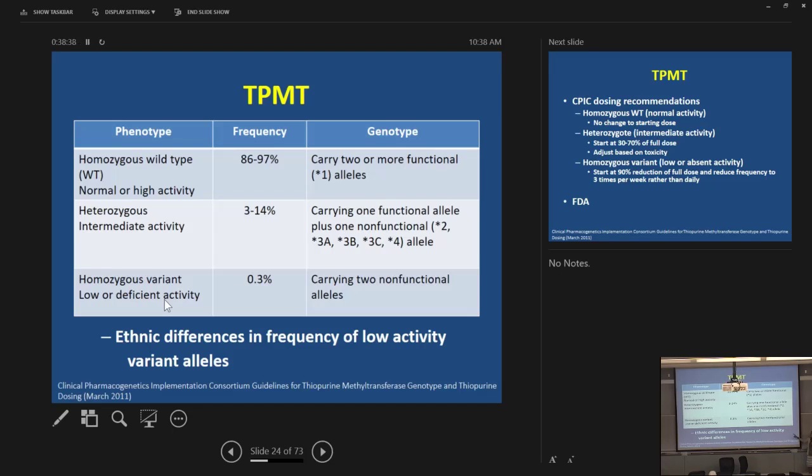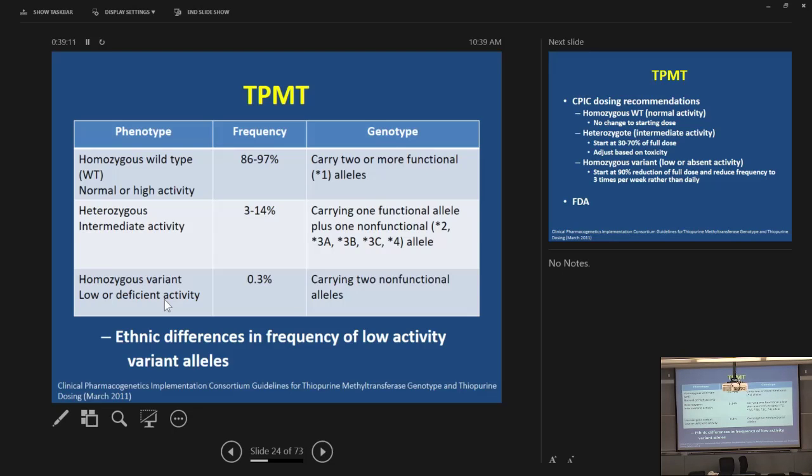We know that there are some ethnic differences in these alleles. Caucasians are typically more likely to have star 2 and star 3A, where Asians are more likely to have star 3. South Americans are more likely to have star 2, so kind of Hispanic origins. There are definitely some ethnic frequencies in these alleles, so it's important to understand that when you're thinking about treating a patient.